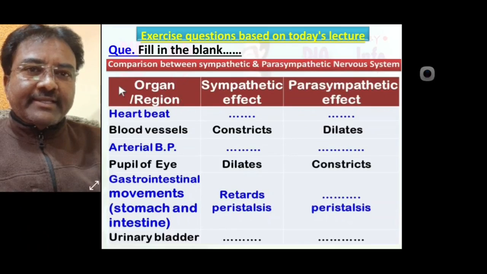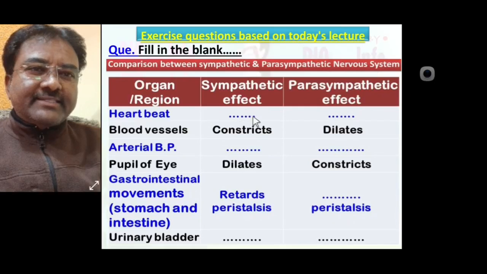Here organ region, heartbeat. Sympathetic effect increases heartbeat. Parasympathetic effect decreases heartbeat. Here arterial pressure also increases in sympathetic effect. Arterial pressure decreases in parasympathetic effect.